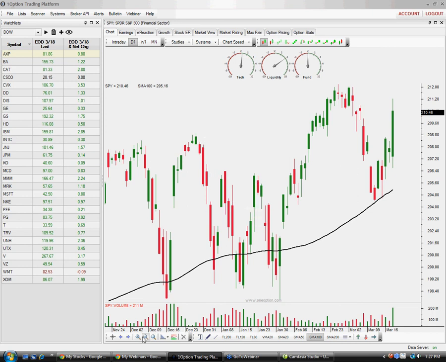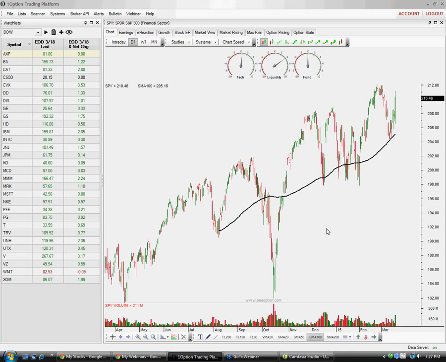I'm going to zoom out very quickly because here's the bigger picture. If you take a look back at where we've come from the highs in August, the SPY has rallied about 3%. That's nothing. All we've done is basically chop around, and we've been in this very tight range.